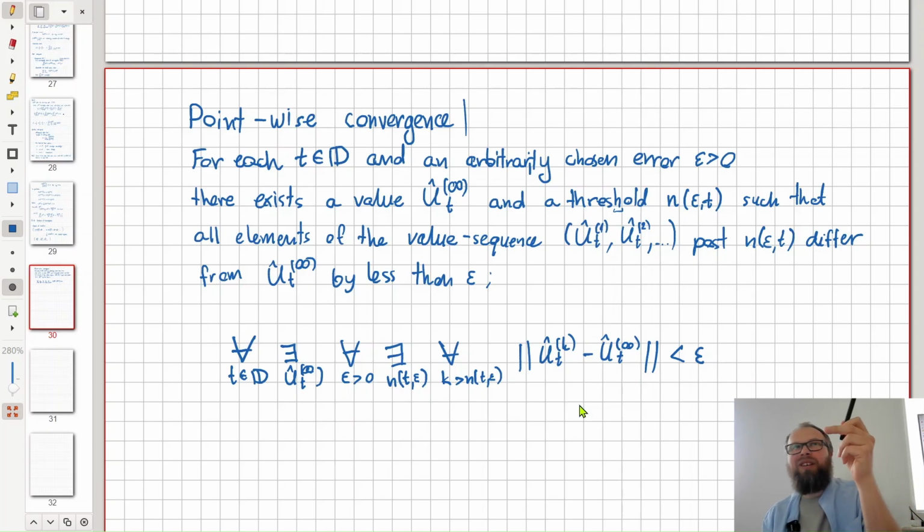And then for every accuracy goal, there is a threshold that also should depend most likely on the choice of accuracy and the argument, such that past it the error is smaller than epsilon, and so on and so forth. This is like standard stuff, right? For convergence. The innovations are here.